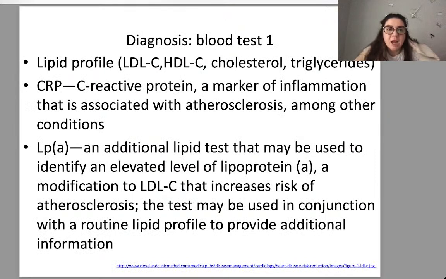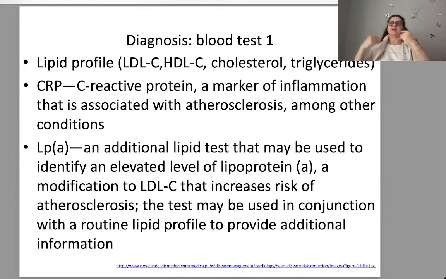Laboratory studies. They are not a first choice directly for diagnosing coronary insufficiency or atherosclerotic disease or ischemic heart disease, but they are obligatory for all patients, and we usually do them for all patients with coronary insufficiencies.